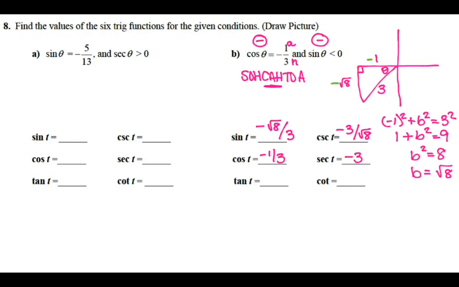Tangent is opposite over adjacent, so my opposite side is negative root 8 over negative 1, which is just root 8. And then cotangent is going to be the reciprocal of that, so I'm going to flip that over, so I have 1 over root 8, which again, I should probably rationalize, but I'm not going to.